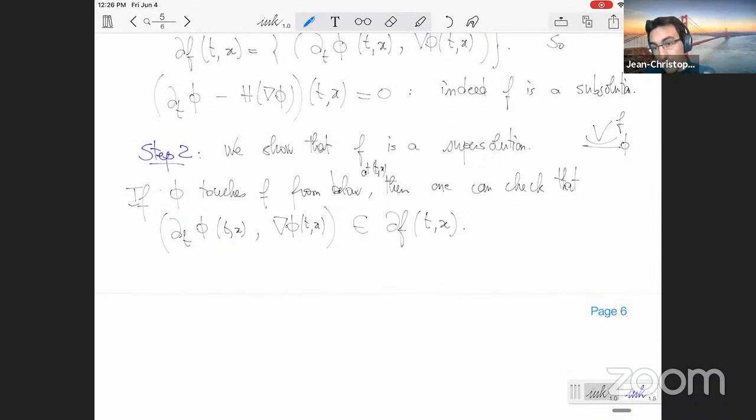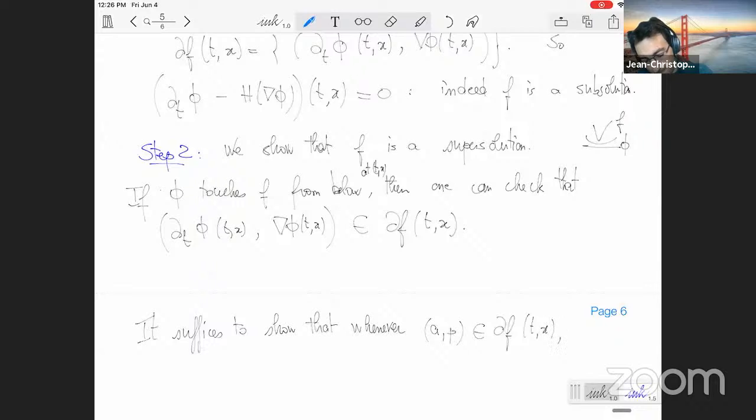Okay, so seeing this, it suffices to show that whenever (a,p) is in the subdifferential, we have that a minus H of p is greater than or equal to 0.